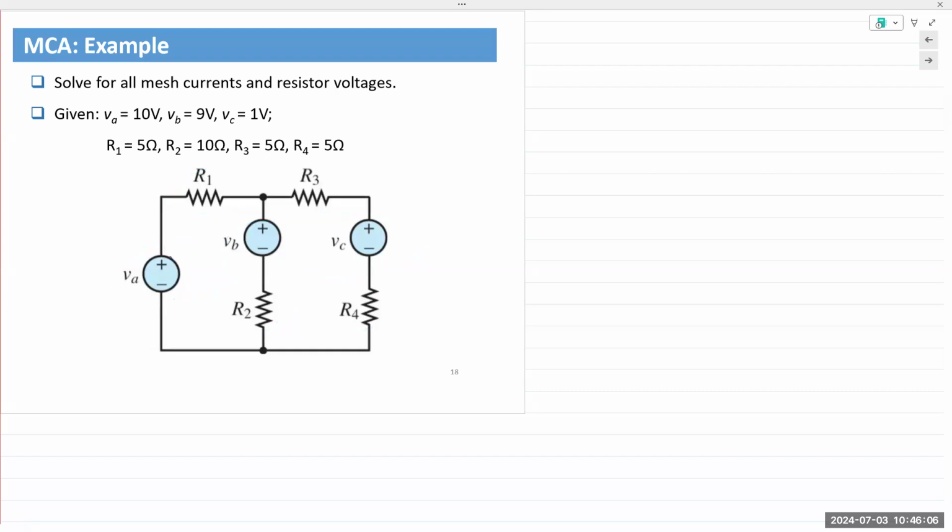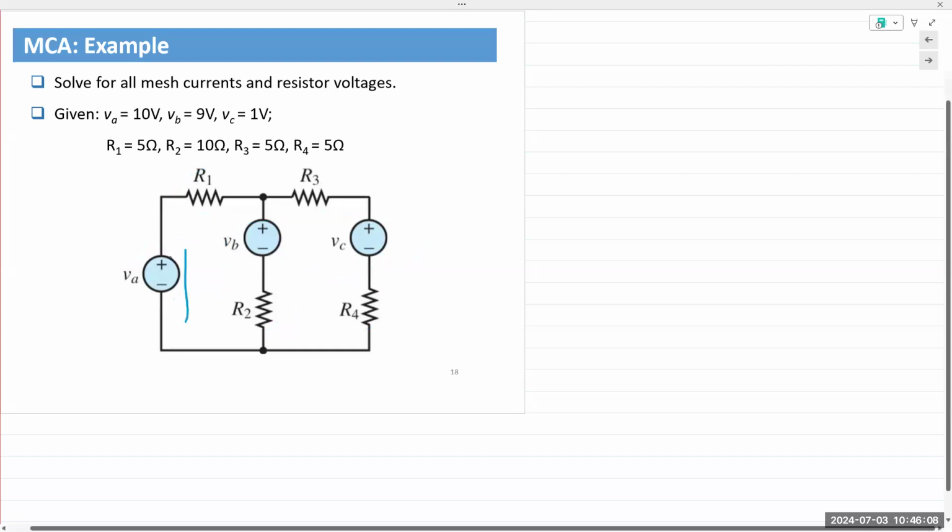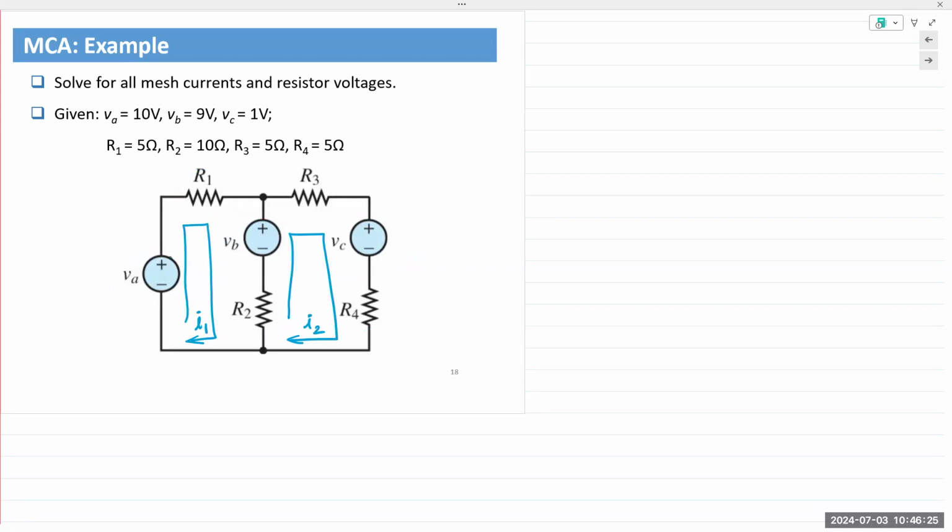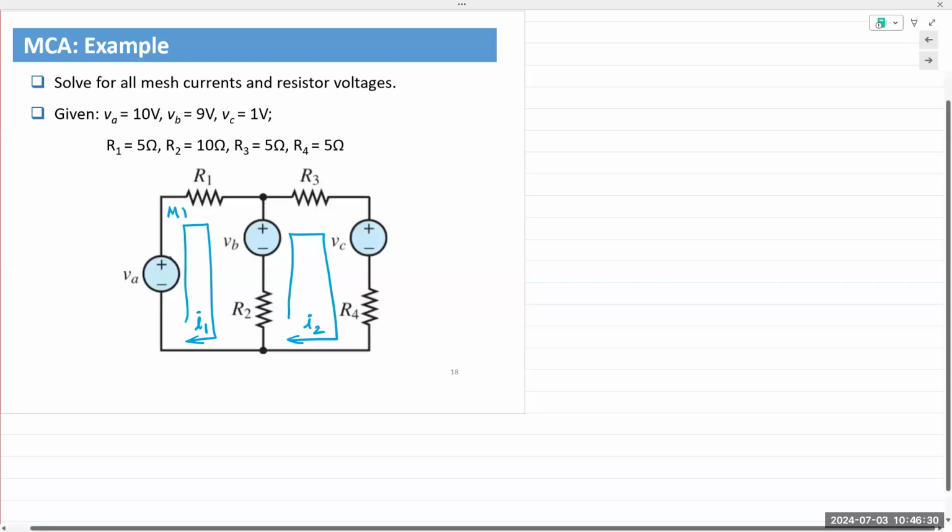Let's assume and apply mesh currents in the circuit. We got I1 and we have I2. And I'll call this mesh 1 and mesh 2. Okay, and all the values are given. All the resistor values are given, and the voltage source values are also given.